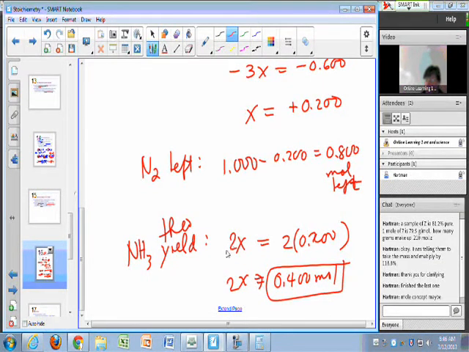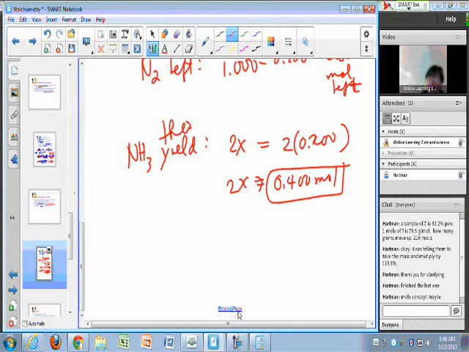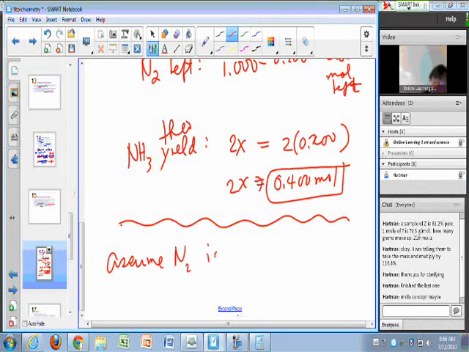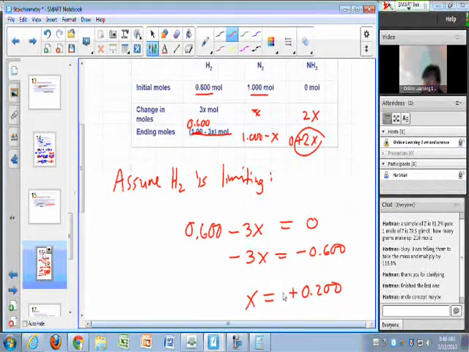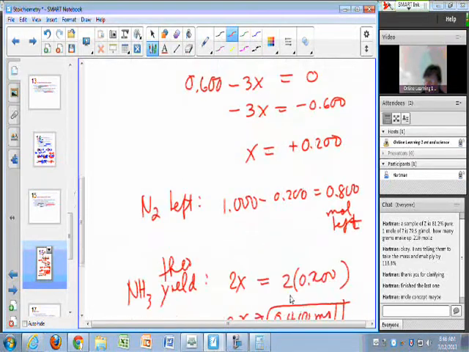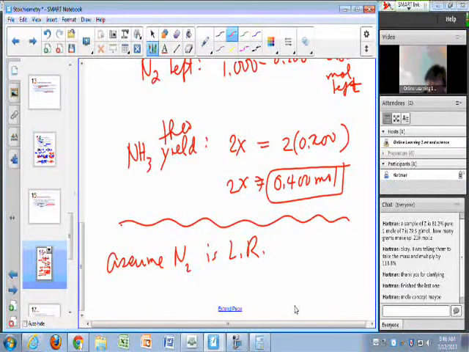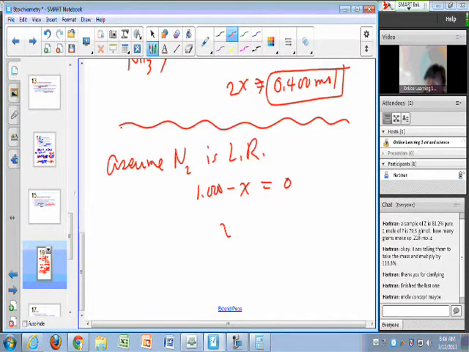That's your theoretical yield. Now, what if you made the opposite assumption? Let's say we assume N2 is the limiting reactant. Then you'll end up with no N2, right? So 1.000 minus x is going to be equal to 0. So x must be equal to 1.00 moles.